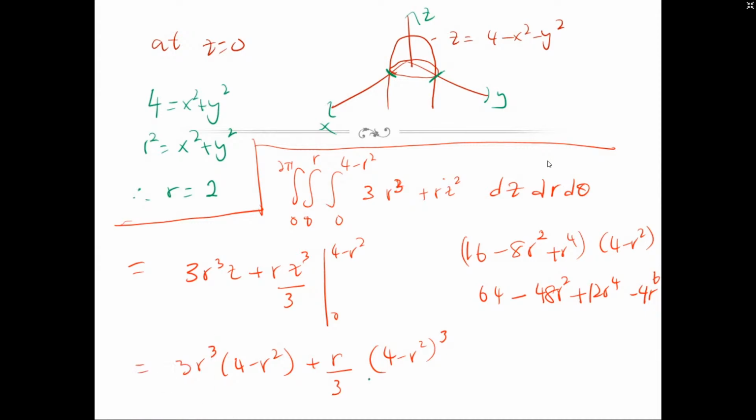So here, you expand it because you have all r. You integrate with respect to r, then multiply with r. So the final answer, you should get 96 pi. Okay, for this question.